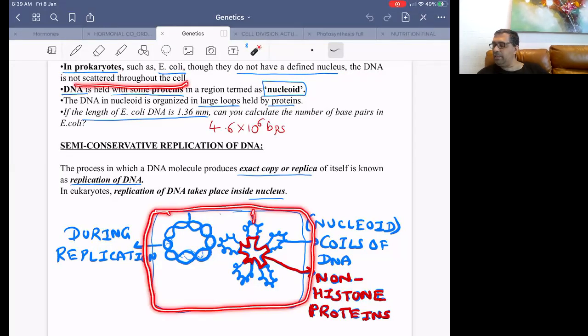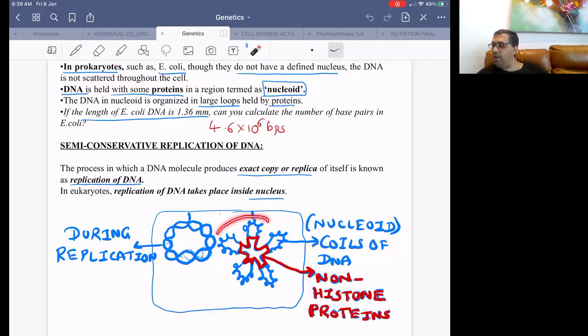And this inside is the nuclear DNA. There is no nuclear membrane. Unlike us, who have a cell membrane and a nuclear membrane, bacteria have a cell membrane but no nuclear membrane.